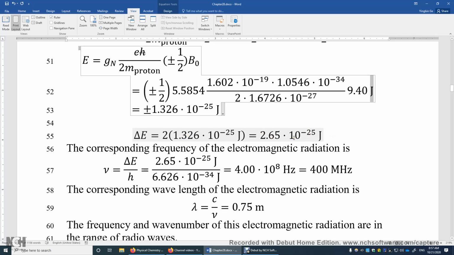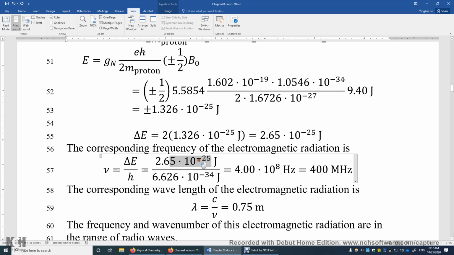When the protons jump from the higher energy level to the lower energy level, they emit electromagnetic radiation with a certain frequency, and that frequency can be calculated using this equation.